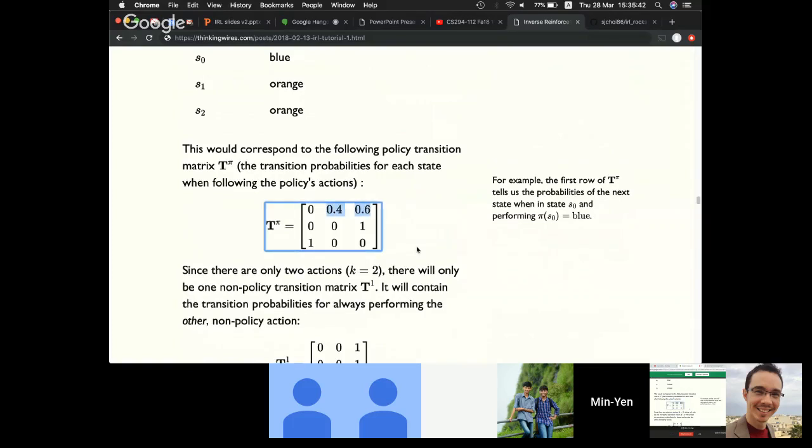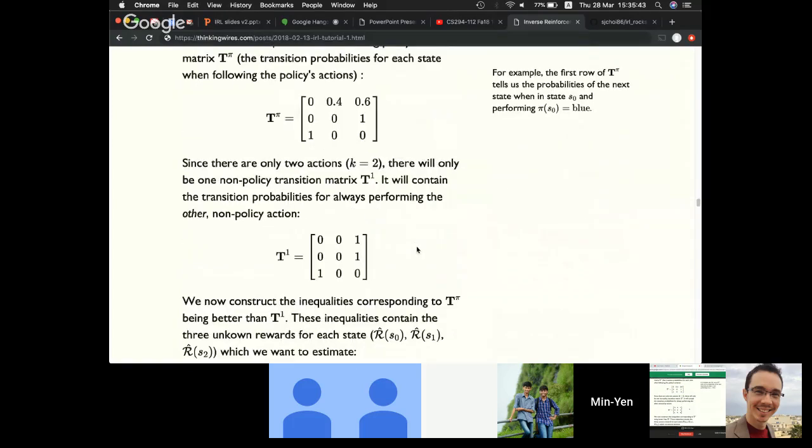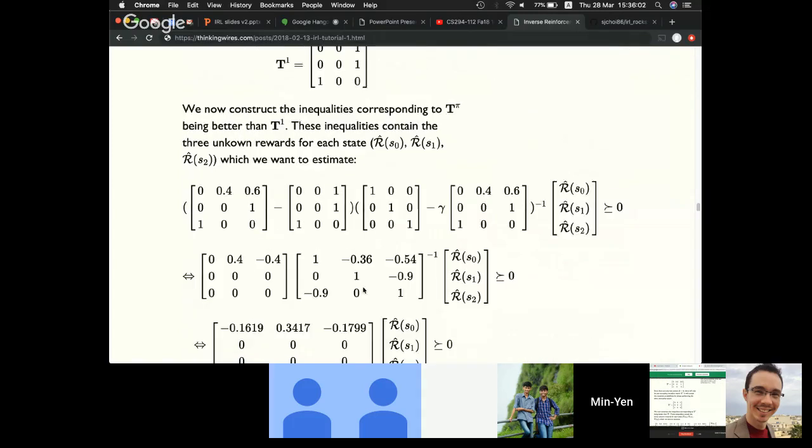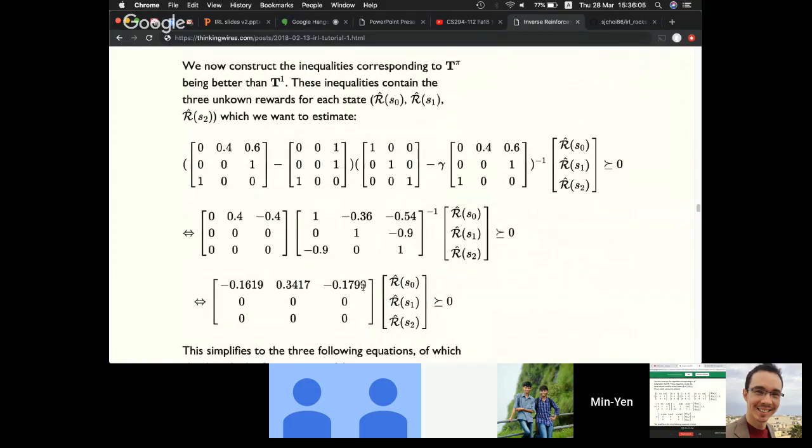So that looks correct. So our policy is going to be encoded into the matrix. It tells us exactly what we're going to do at each time step. So then we can construct the inequalities from these two pieces of information. Okay, so they'll look a little bit like that.